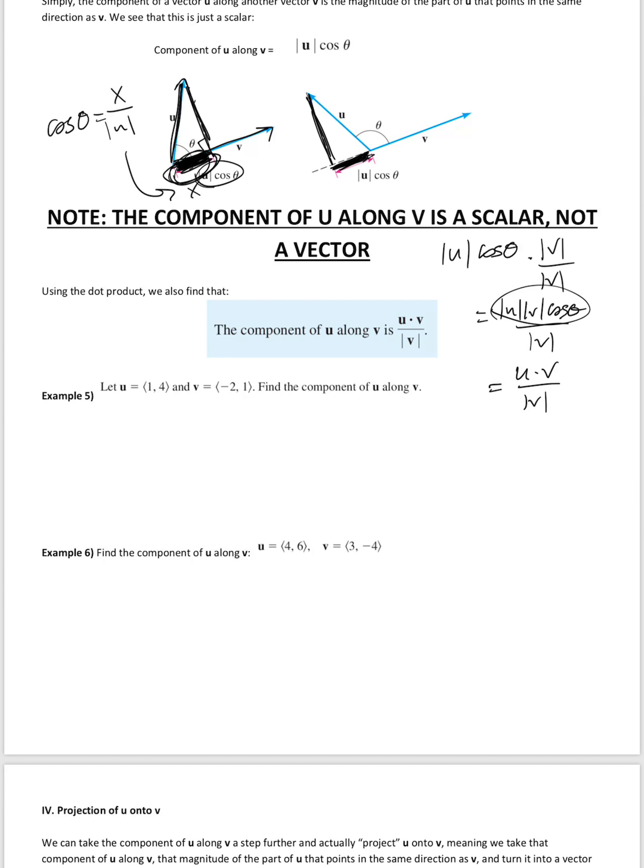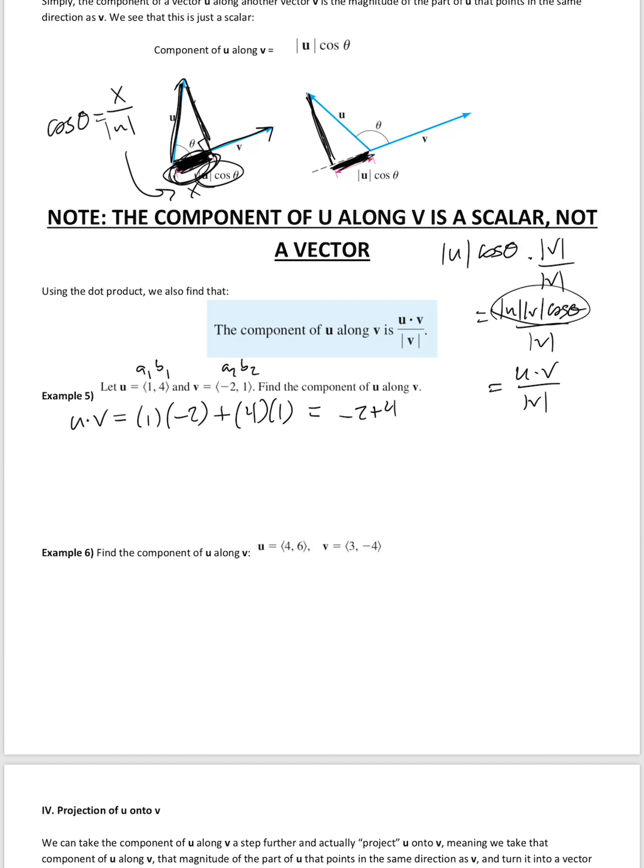So let's go through an example. We have these two vectors. We want to find the component of u along v, so let's go ahead and use this formula. I need to know u dot v. So this is a1, b1, this is a2, b2, so this will be 1 times negative 2 plus 4 times 1.